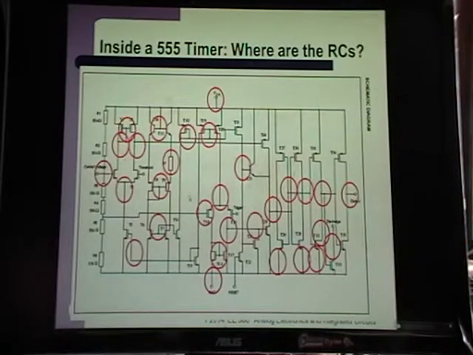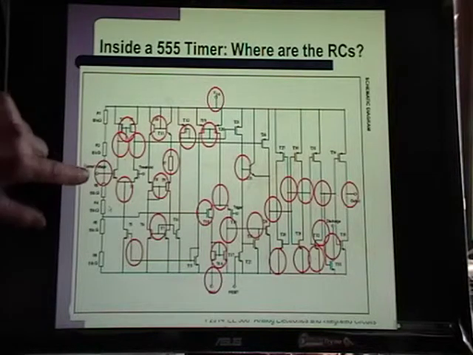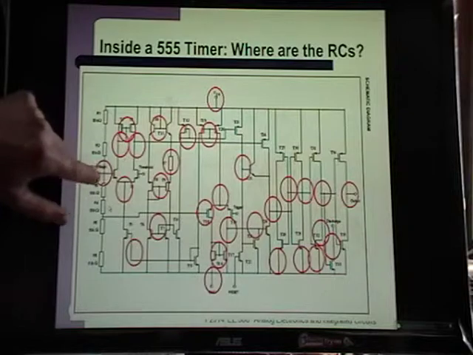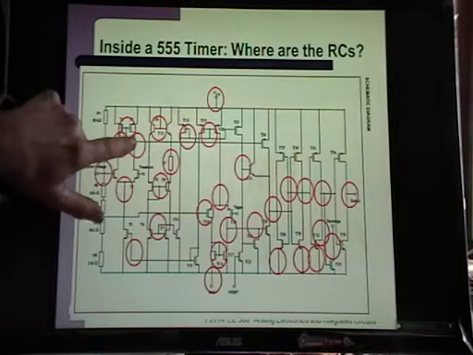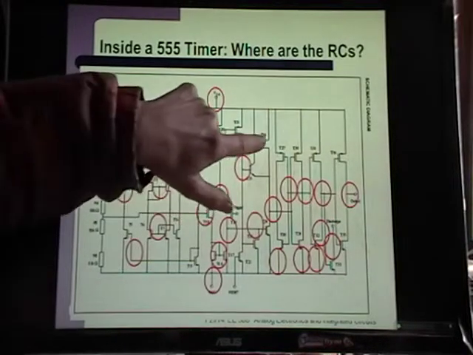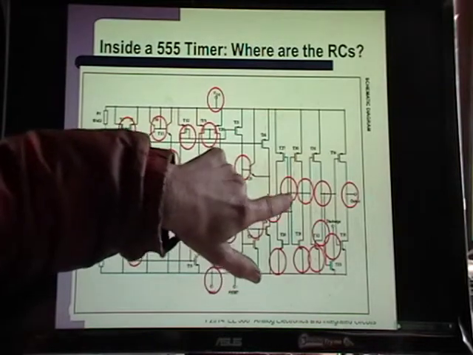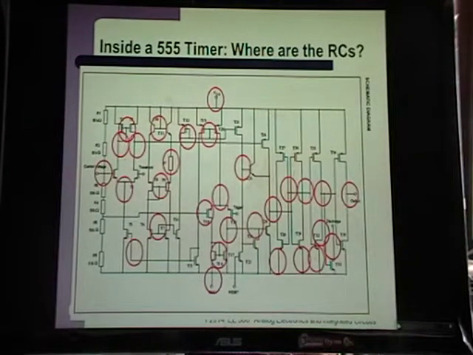So yeah, it's all over the place. But if you're analyzing your circuit, you don't want to have to analyze all of these. So in general, you find where the signal comes in, and you follow the signal path. Here's the signal path, goes over here, over to here.